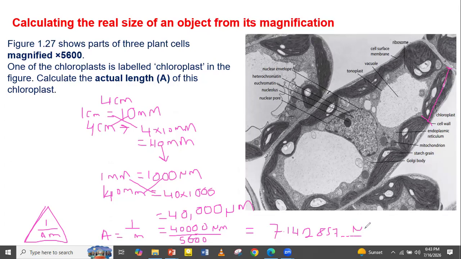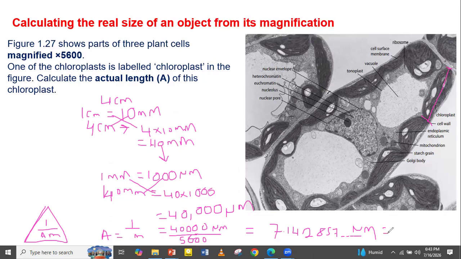But micrometers. Now, when you get such an answer, someone could ask how many decimal places am I supposed to use? However, most of the time in the paper, they will specify, for example, write your answer to the nearest whole number, to 2 decimal places, or to 1 decimal place. Like in this case, let's write our answer to 2 decimal places.